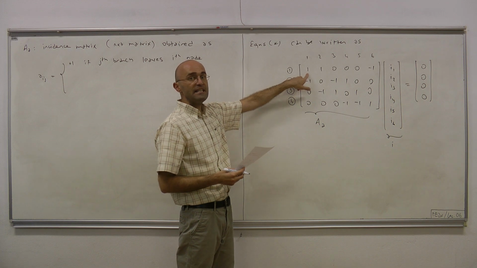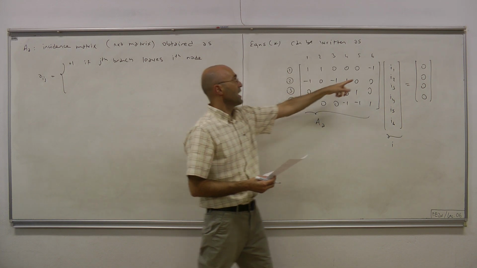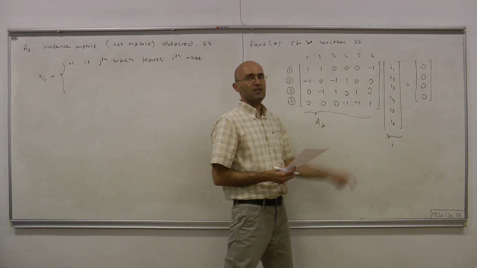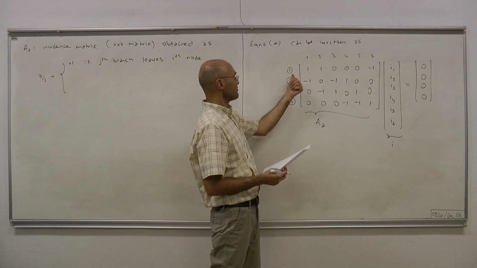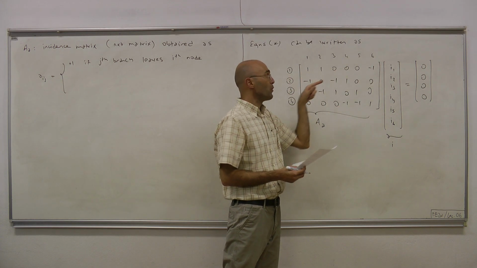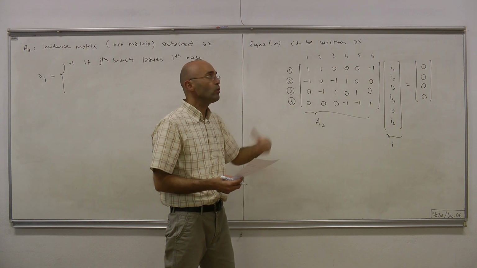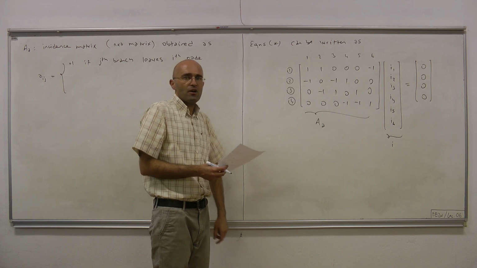First branch leaves first node, second branch leaves first node, and the sixth branch is incoming, it's going into the first node. Therefore, these two are +1, and since this is going into the node, it's -1. And all the other branches that don't touch that particular node, the coefficients are 0.